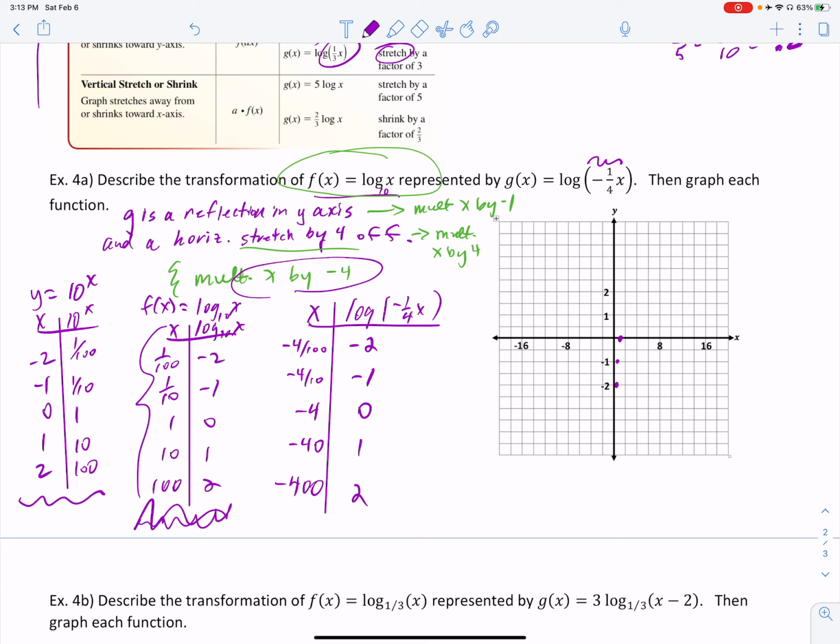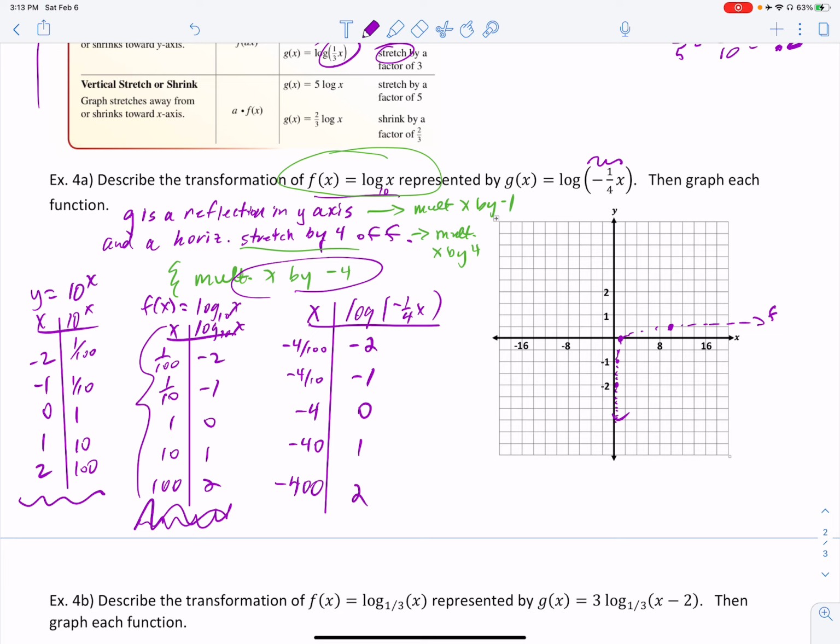Then at 10, I'm at 1, and then I'm going to be way out to 100. So here is my graph of f. Domain, 0 to infinity. Range, -infinity to infinity. Vertical asymptote of the y-axis, x equals 0.